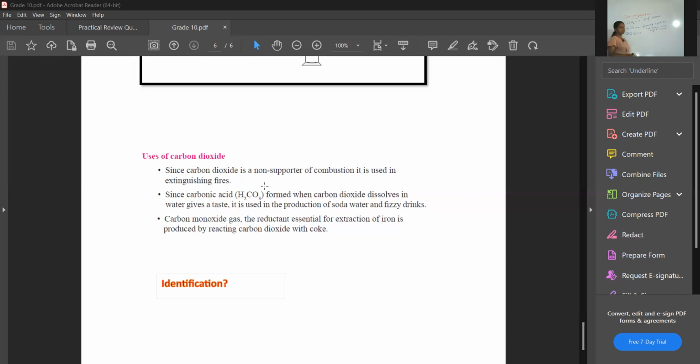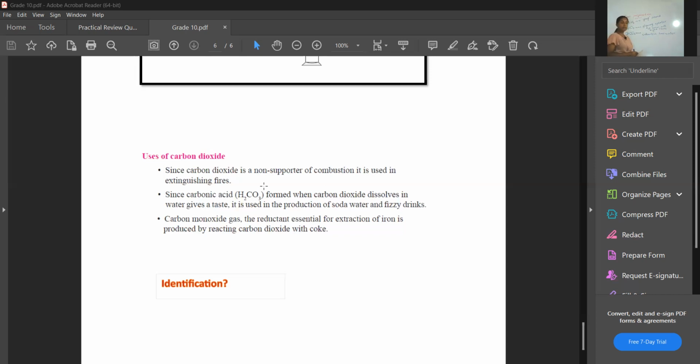Then for carbon dioxide, the normal identification method that we learn from grade 6 onwards is to use colorless lime water.